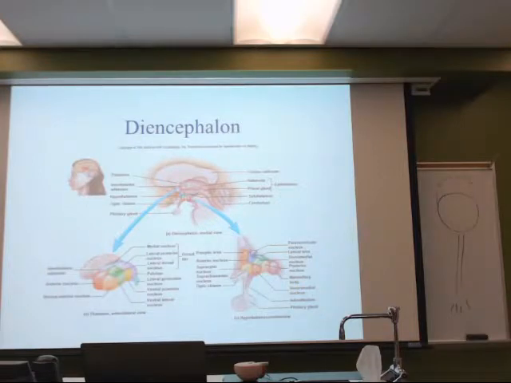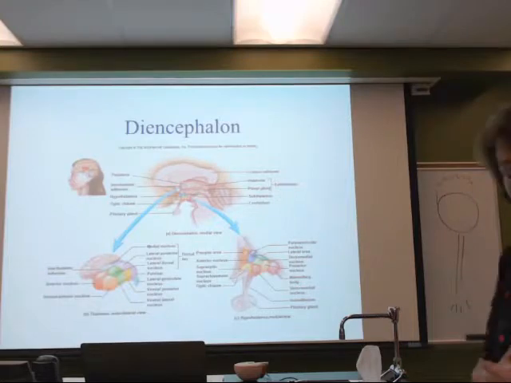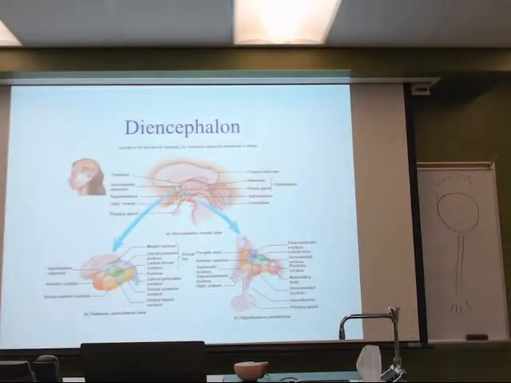That corpus callosum, do you happen to remember what I said that was? Alicia? What's it made up of? Nerve, what part of the nerve? Axon. Remember, it's between the two halves, so that the two halves of the brain can communicate.